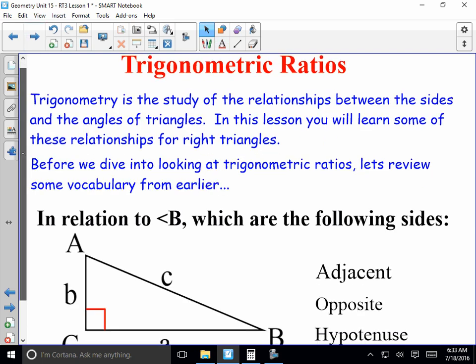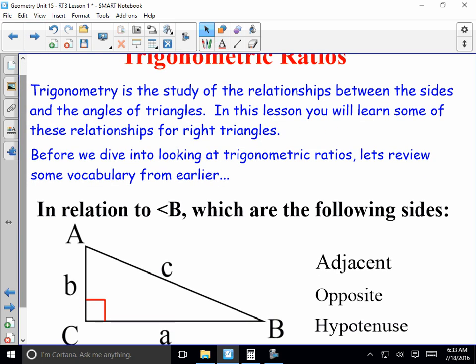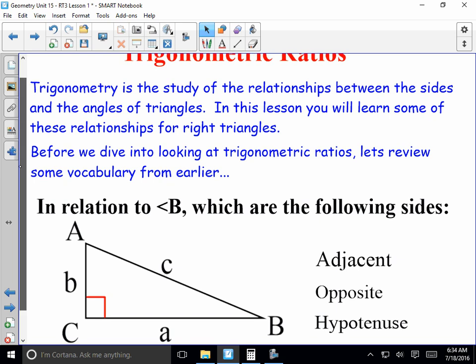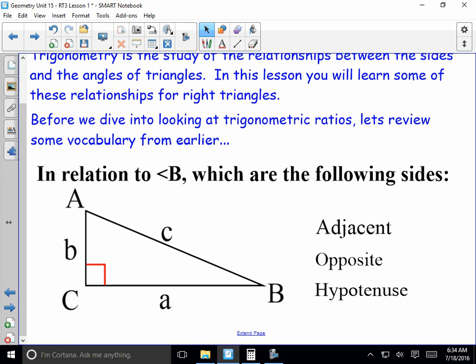Now when we look at trig ratios, the most important thing is number 1, naming the sides properly, but number 2, know where you are standing. If I'm going to label this triangle in relationship to B, that's always important.